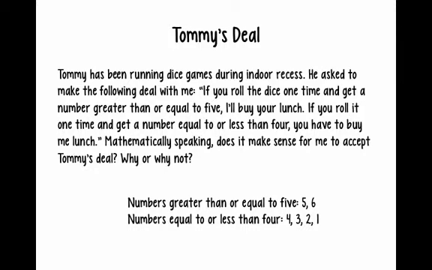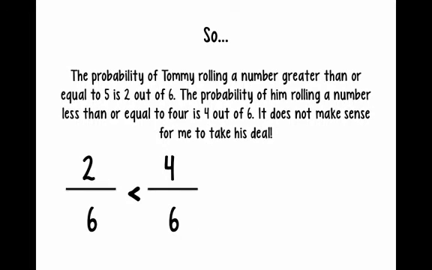Why or why not? What you should have done here is consider the numbers that are greater than or equal to 5. They are 5 and 6, if we're looking at a regular 6-sided dice. The numbers equal to or less than 4 are 4, 3, 2, and 1.